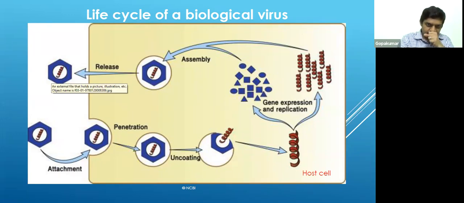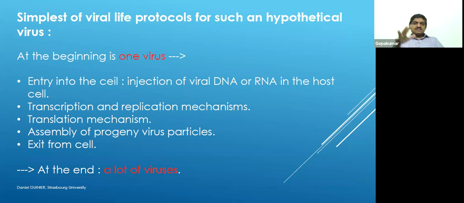Sorry, this is a piece of code that I have taken from an internet source. It's a life cycle protocol of a hypothetical virus. At the beginning it's one virus.